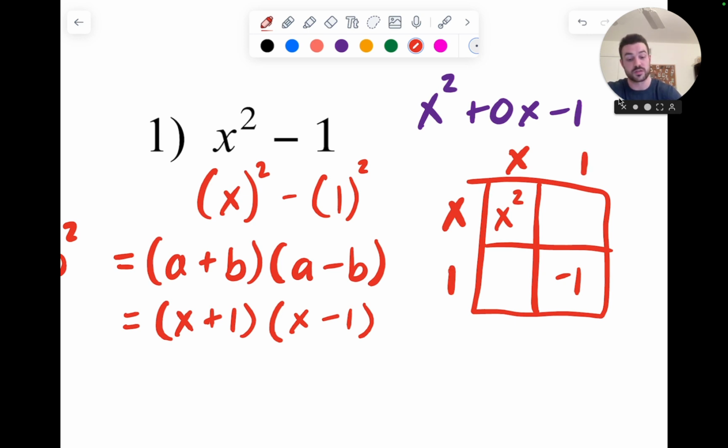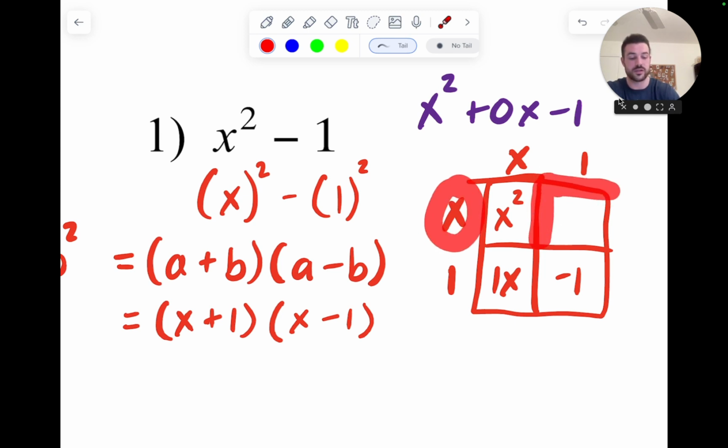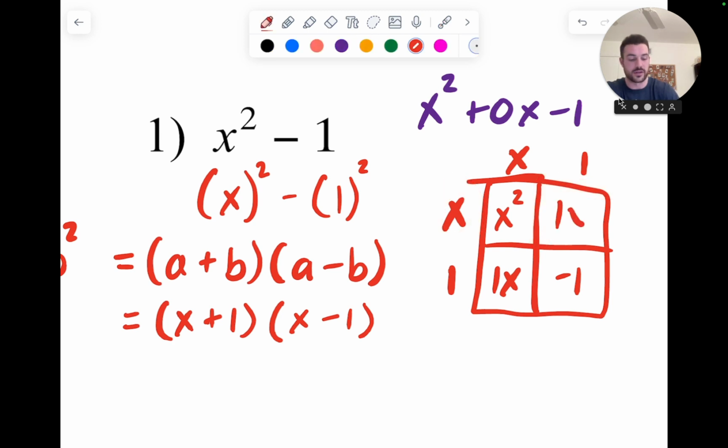When we multiply x times x, the length times the width, it gives us the area of x squared. Then when we fill in, we've got a 1x here because x times 1, the length and width of the box at the bottom, gives us 1x. It's the same thing over here: x is the length and the width is 1, so we get 1x. Now, this only works if our diagonals add to that middle term, which is 0.